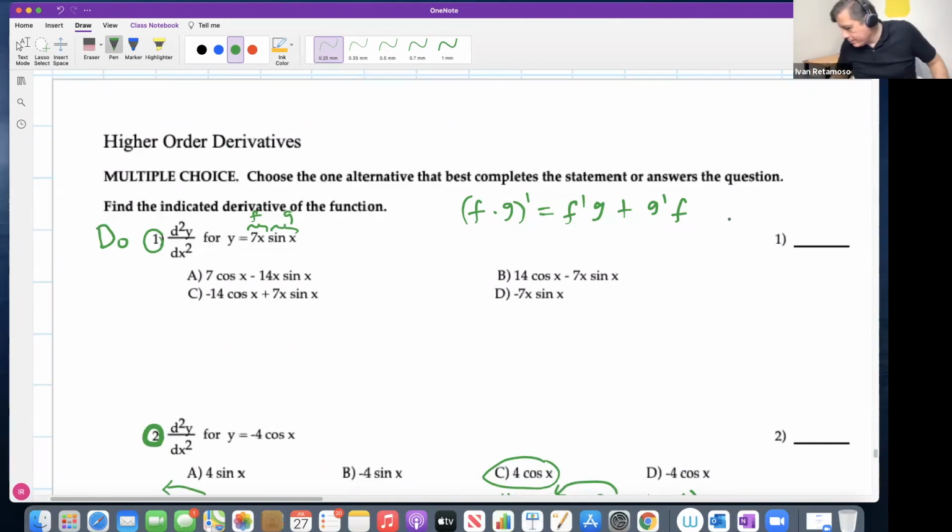Yeah, let's finish with that. Right here, first, this is this. Hint, let this be your function f, let this be your function g, and apply your product rule, right?